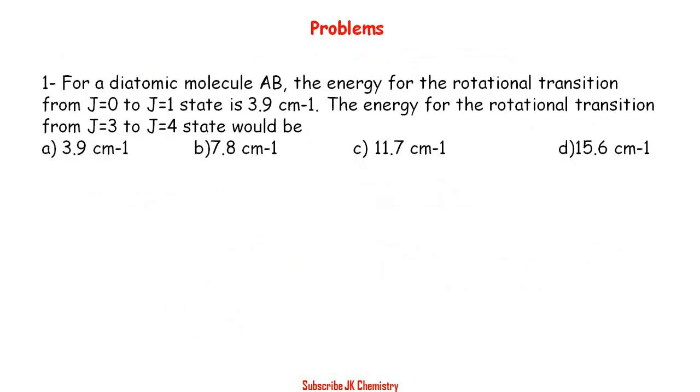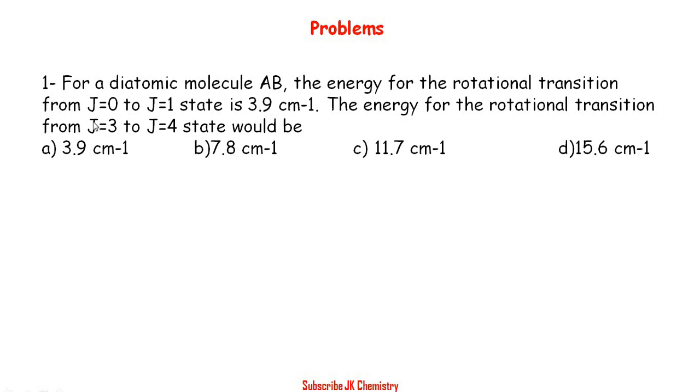Okay, now we can go through some problems. This is the first problem. For a diatomic molecule AB, the energy for the rotational transition from J is equal to 0 to J is equal to 1 is 3.9 centimeter inverse. The energy for the rotational transition from J is equal to 3 to J is equal to 4 would be?